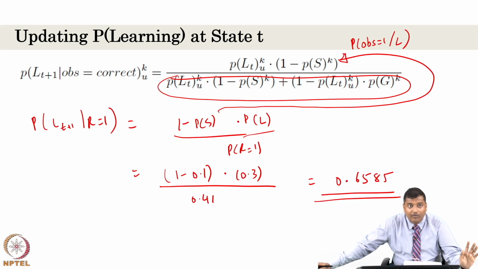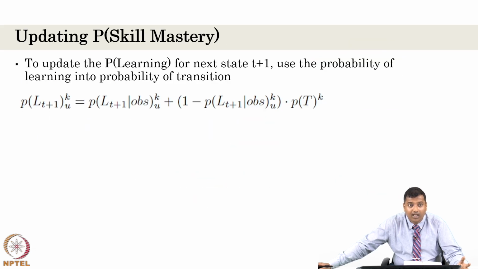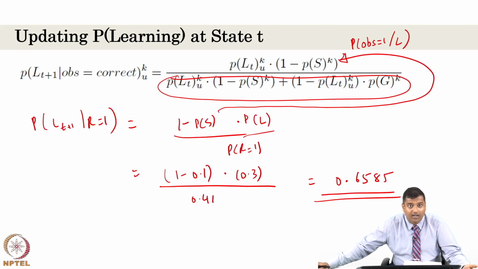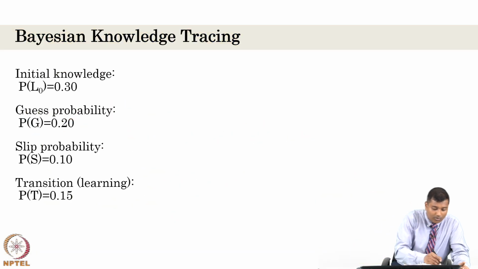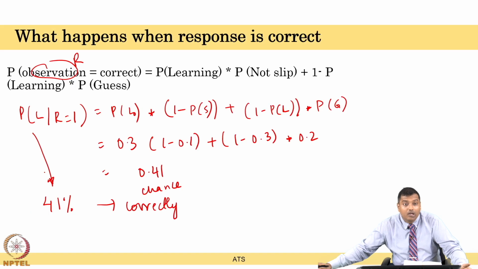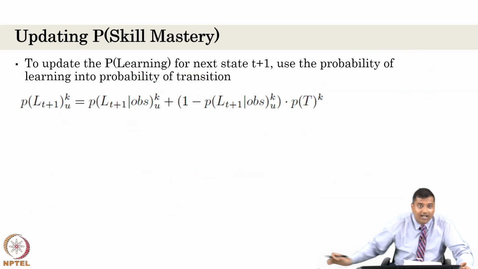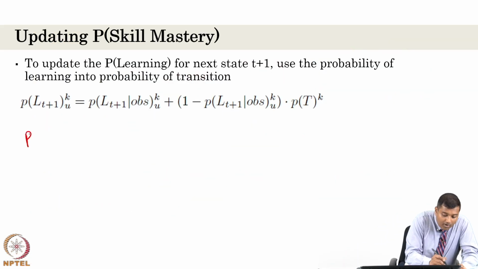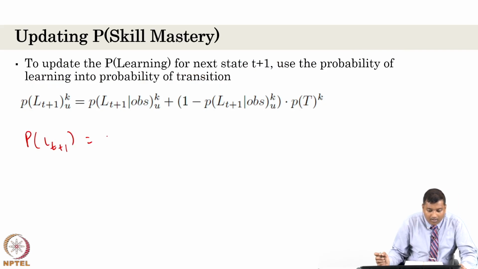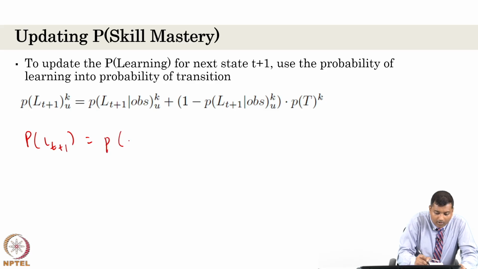Now finally we've got how I have to update this particular thing. I need to update the probability of learning for the next state using the probability of learning and the probability of transition. So this is my probability of transition, which I'm going to use now. So probability of learning in the next state is the probability of learning in the next state which we have observed.